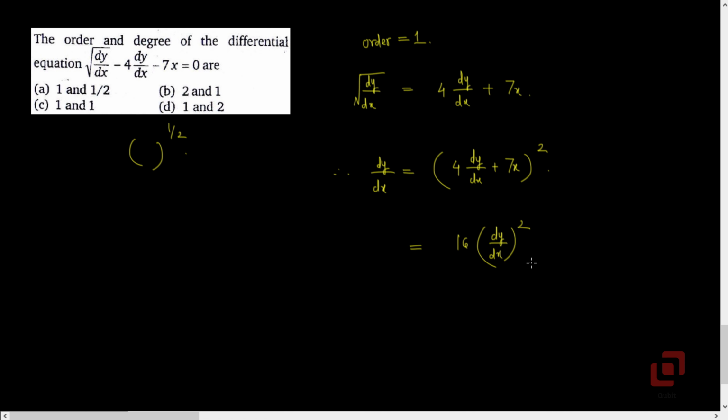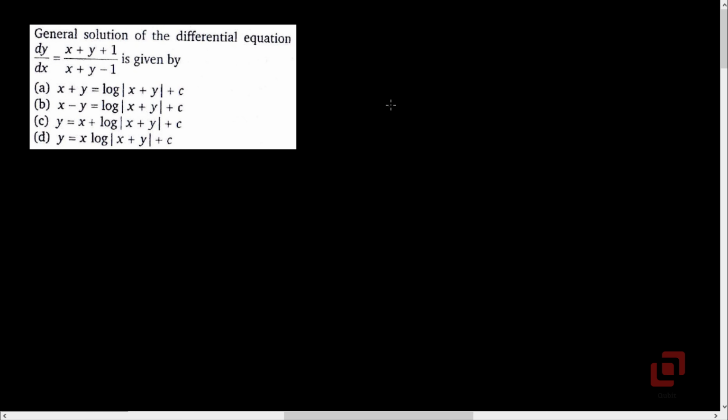And it is this term which will tell us the degree of the differential equation, which will be equal to 2, as the power of dy by dx here is 2. Hence, the correct option is D. Order 1, degree 2. Next question.